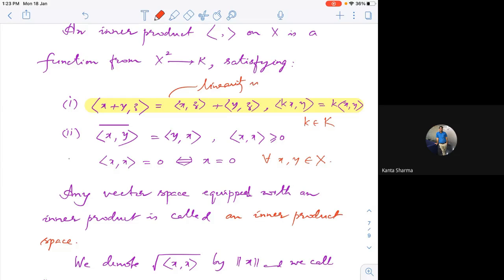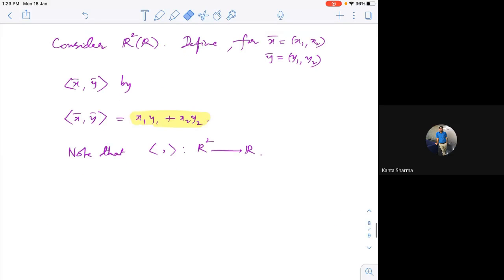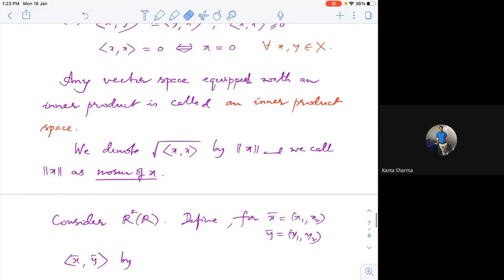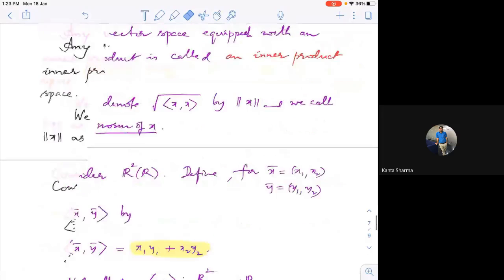Linearity in the first coordinate or variable, whatever you call it. And this particular thing is called positive definiteness. That we shall come to later. Now we shall see, is it going to enjoy all those properties that we have mentioned in the inner product space? First one we shall see.